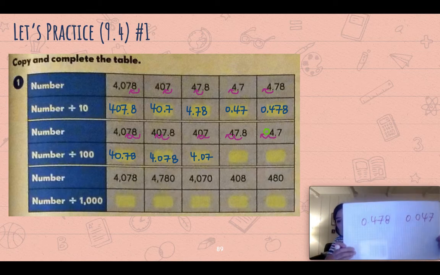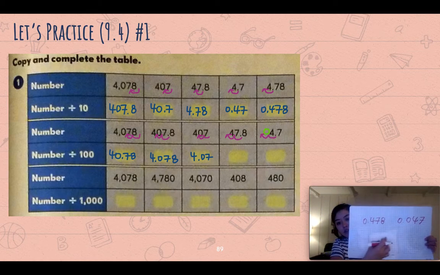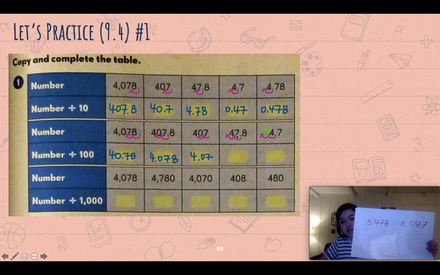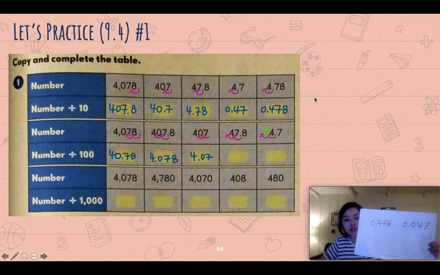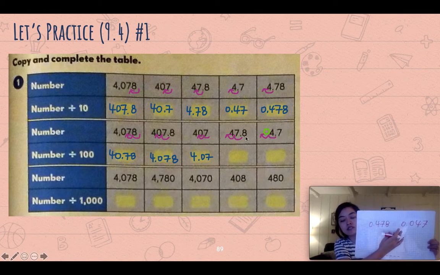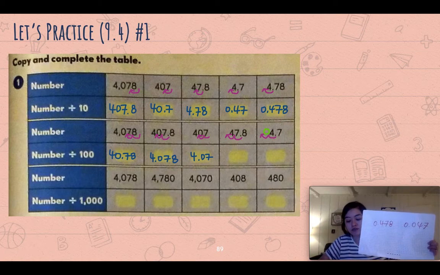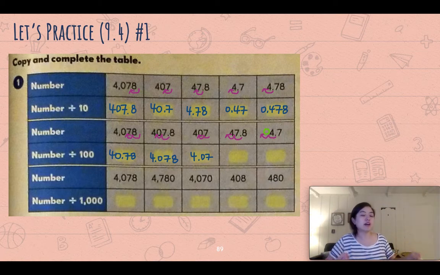Okay, so these are my answers for this one here. 47.8 divided by 100 is 0.478, and 4.7 divided by 100 is 0.047.